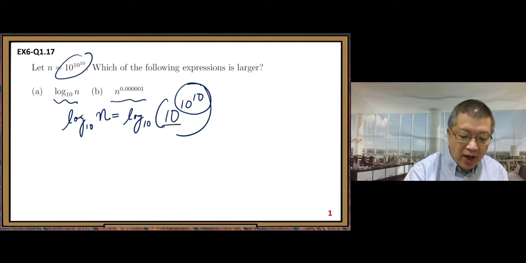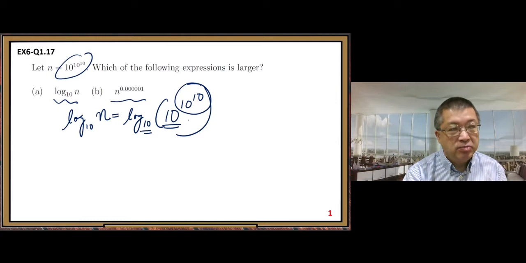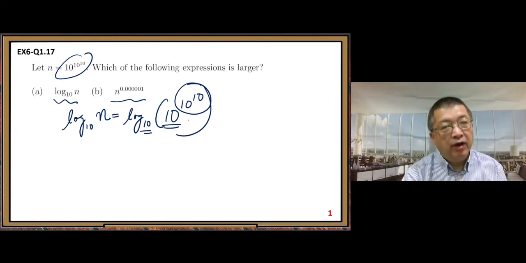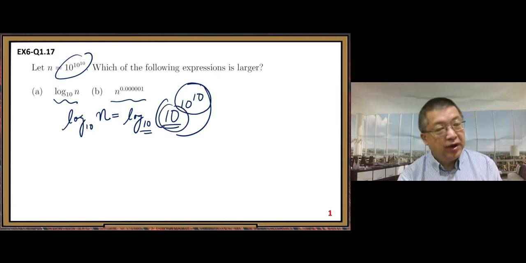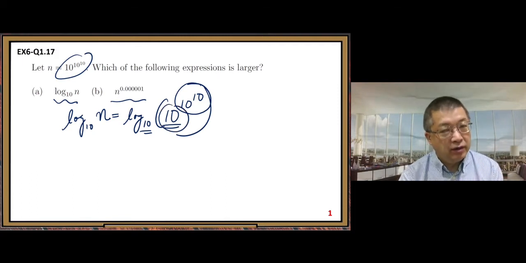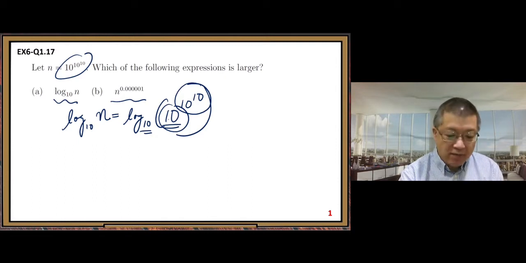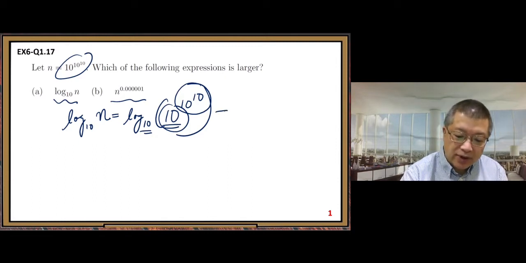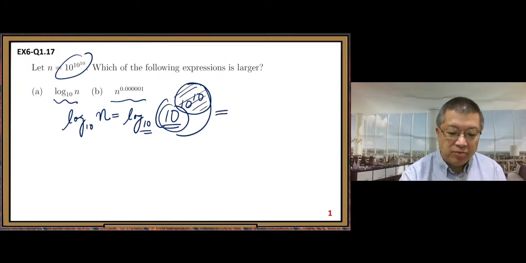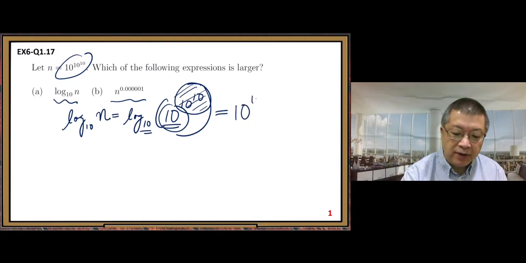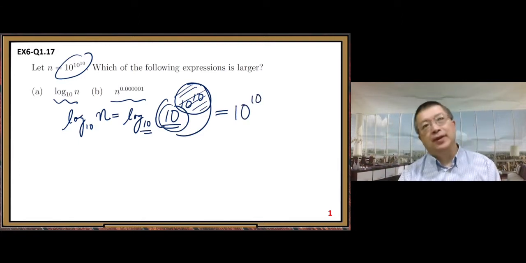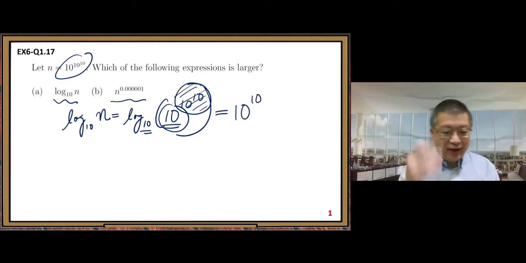Then log base 10 here for the power function, the base is also 10, the same base. So then we have the exponent, 10 to the 10th. That's pretty easy, right?